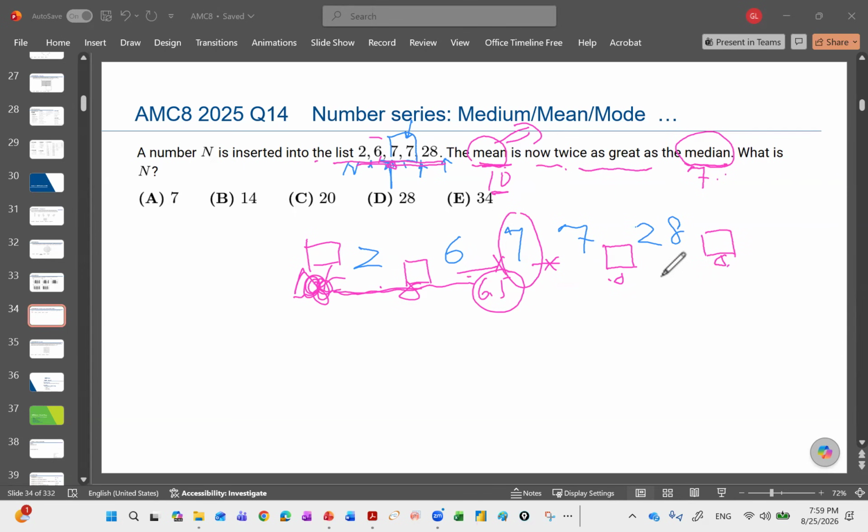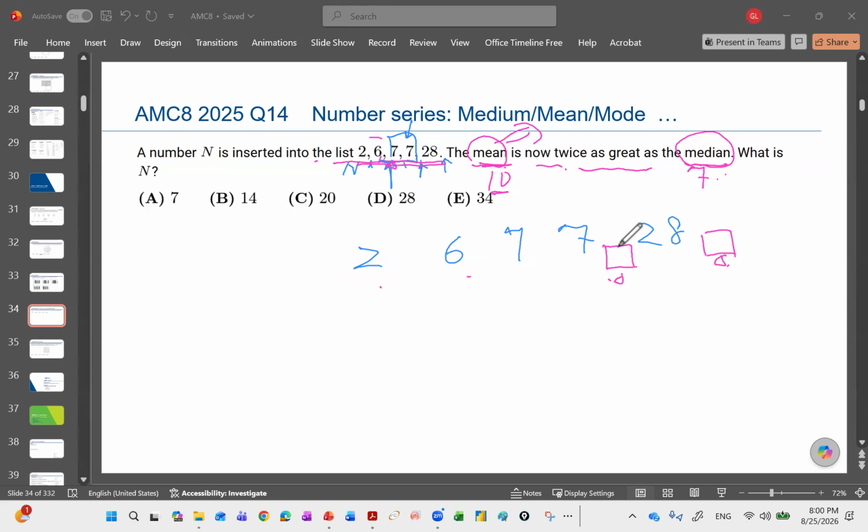You need a bigger mean. So let me clear the screen here. You cannot insert here, cannot insert here, you can only insert a number here or here. That's two situations, right?